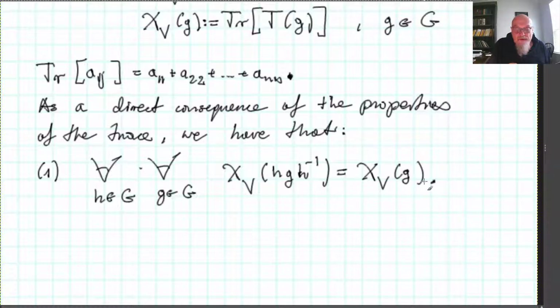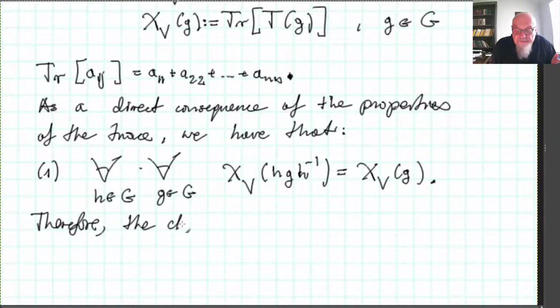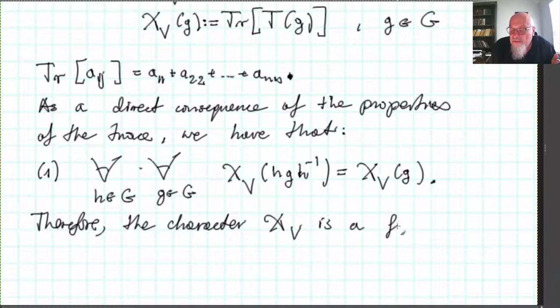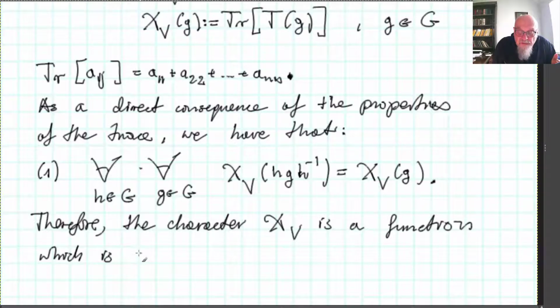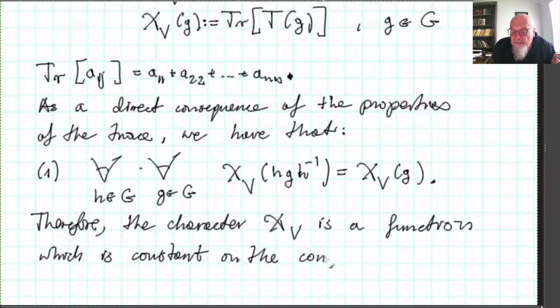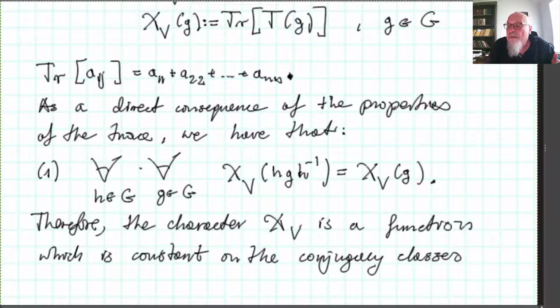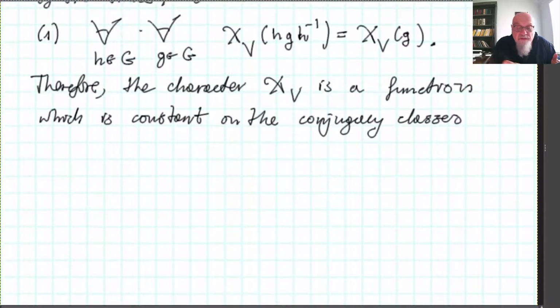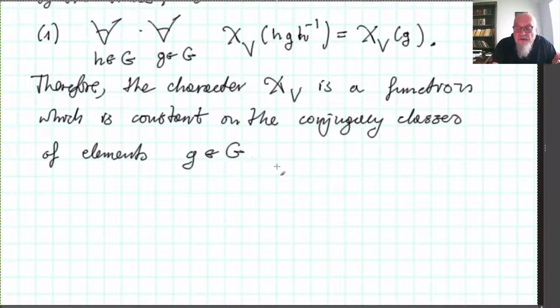So in other words, therefore, the character χ_V is a function which is constant on the conjugacy classes of elements g belonging to G. So what is the conjugacy class?